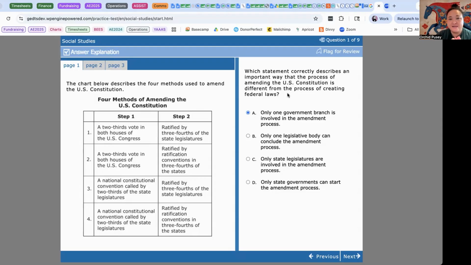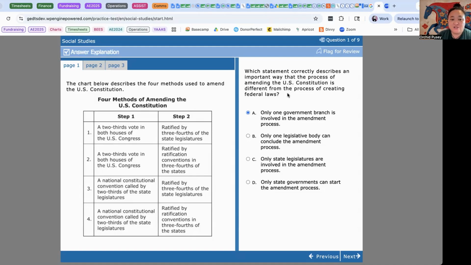All right. Then the third branch. We talked about executive, judicial, and the third is the legislative branch. Changing laws, writing laws, amending laws. So when it says two-thirds vote in both houses of Congress, that's talking about the legislative branch.